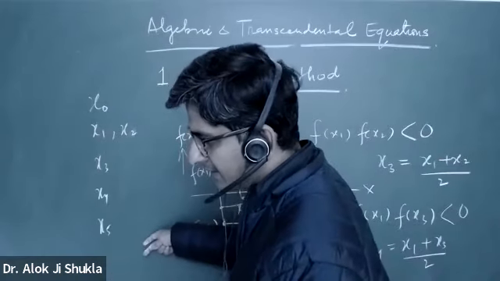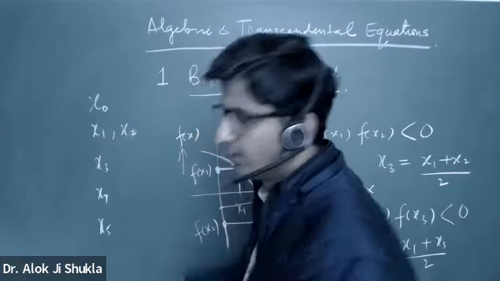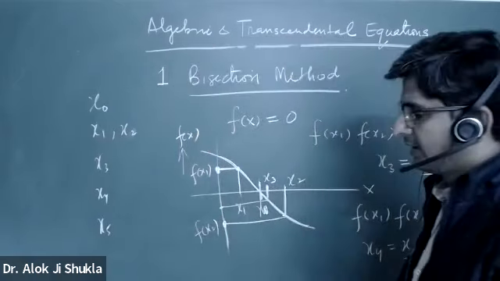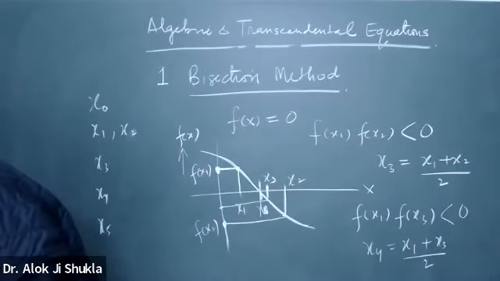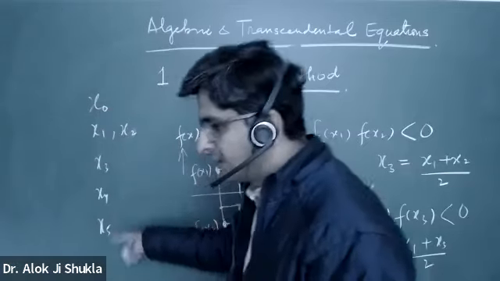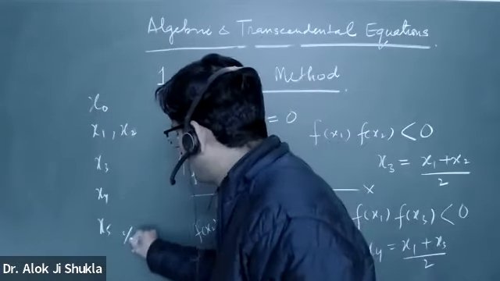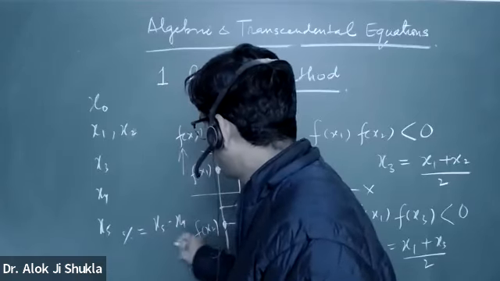So if you need up to 3 decimal places, stop there; if you need 4 decimal places, stop there. Depending on the accuracy, you can stop. And if you want to calculate the percentage error, that means how much it is changing, you can write the percentage by calculating x5 minus x4.